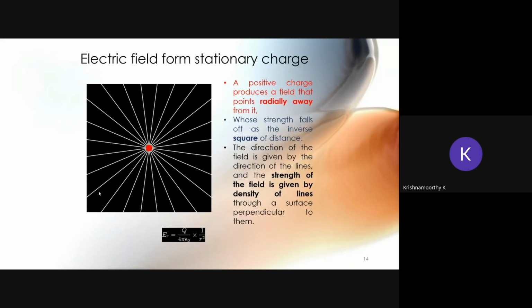So the fundamentals of antenna: whenever we have a static charge, it cannot radiate. It can produce the static electric field. We already studied from electrostatics that it obeys Coulomb's law, and according to that it emits the electric field.